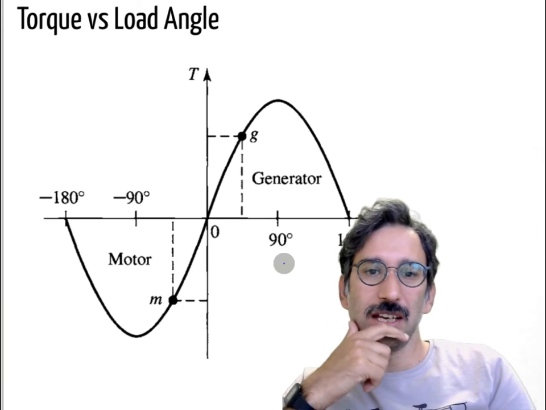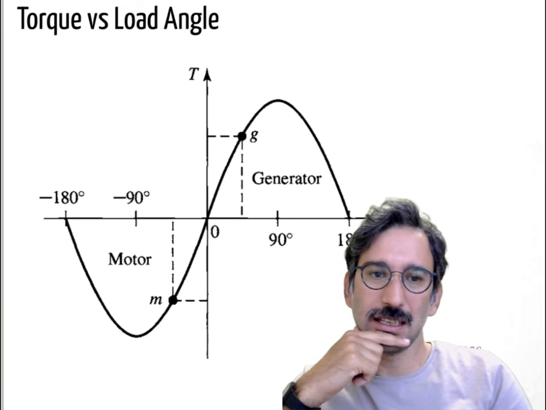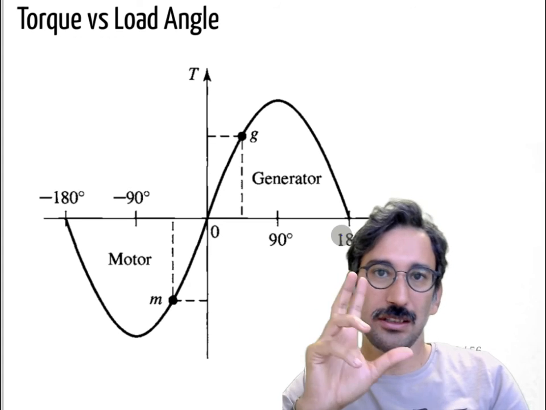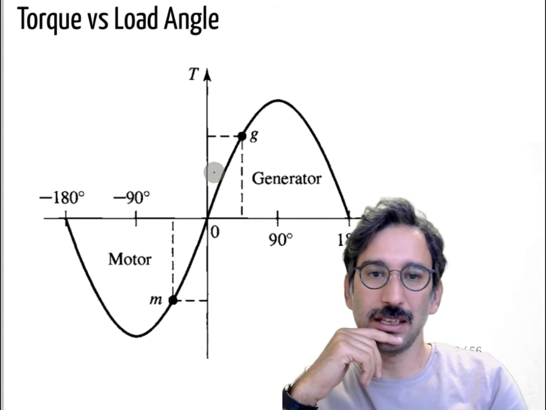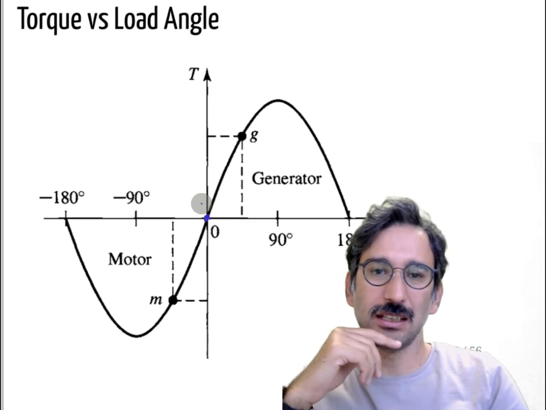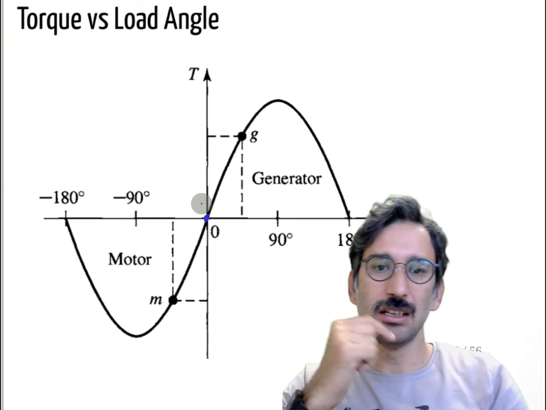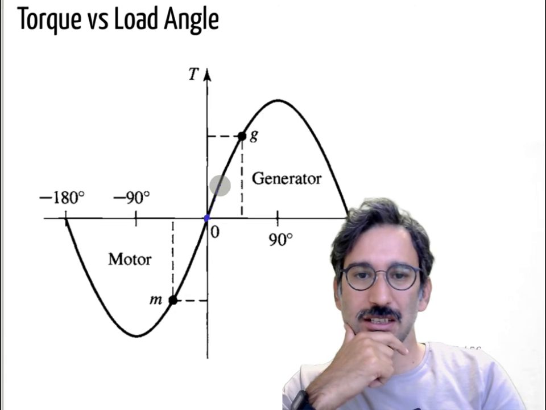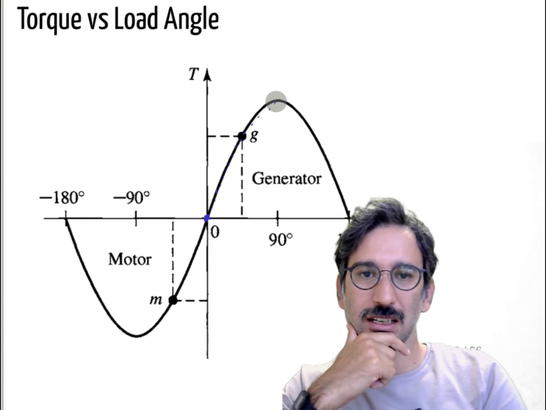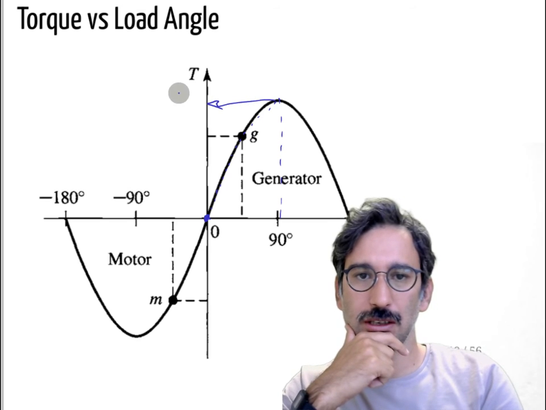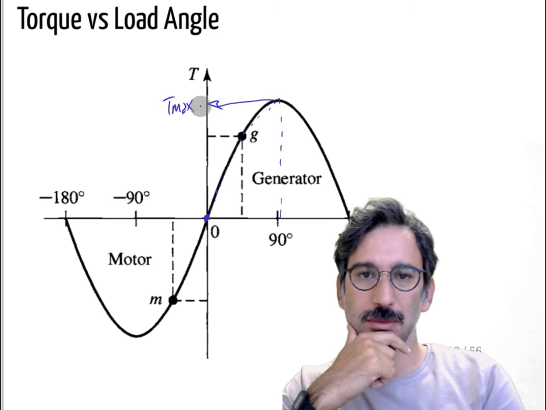So the waveform is like that. Again, don't worry about the direction, how to define positive and negatives, but you can think of it like a spring. If you are pulling in one direction, the torque starts increasing and increasing, and you reach the maximum torque value. So this is T max.